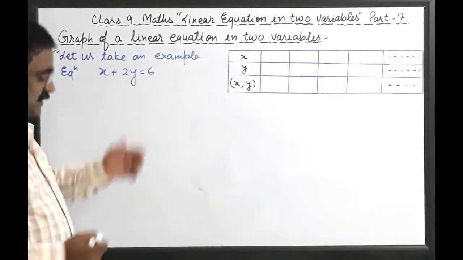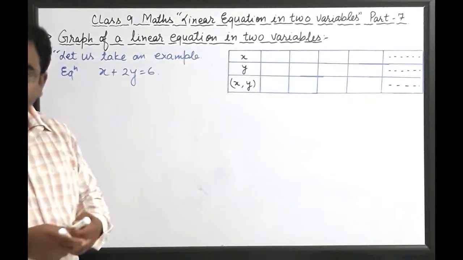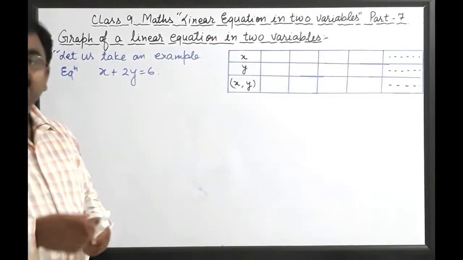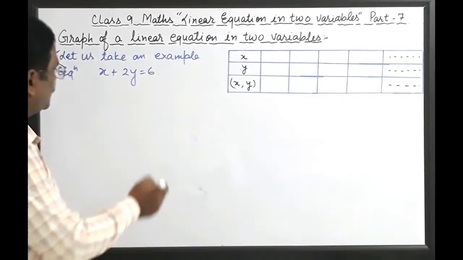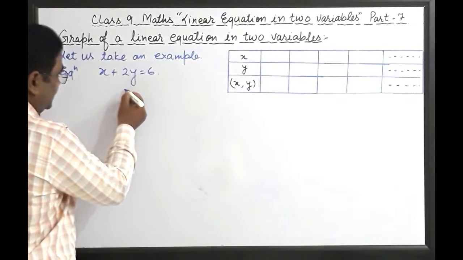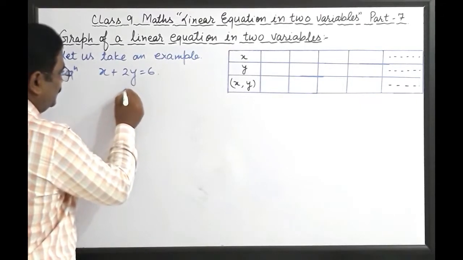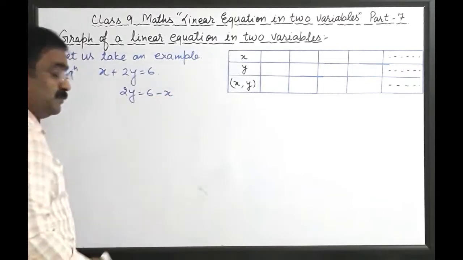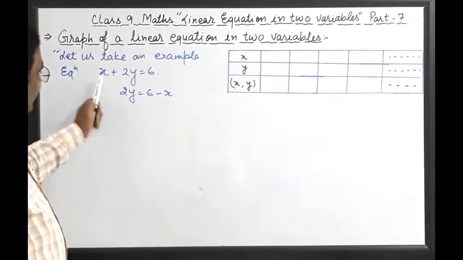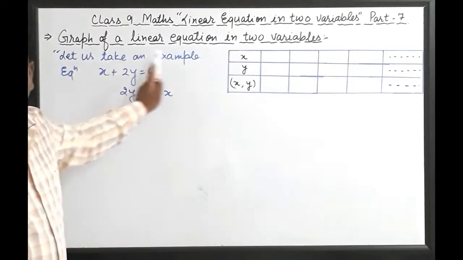So suppose in this equation we are going to find out the value of y in terms of x. So let us solve this equation. This equation can be written as 2y is equals to 6 minus x. Any problem children? What did we do? We only transposed x.